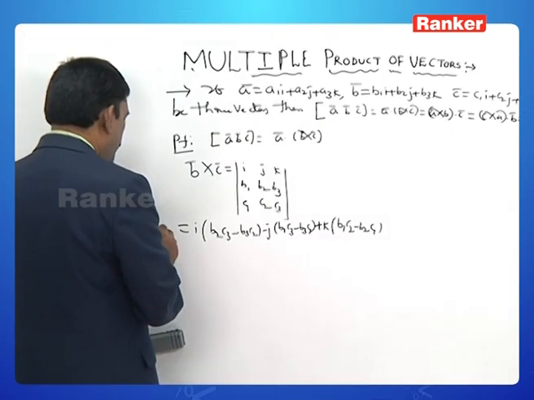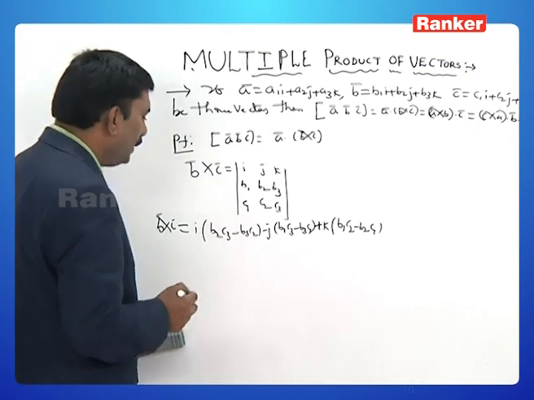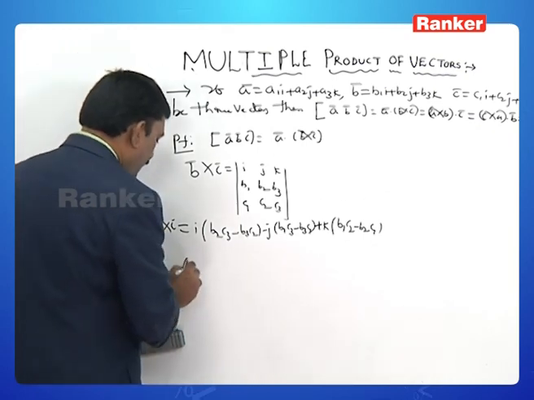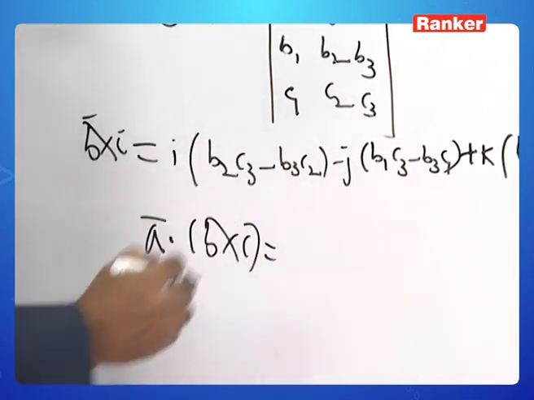This is nothing but B bar cross C bar. Now we want to do A bar dot of B bar cross C bar.